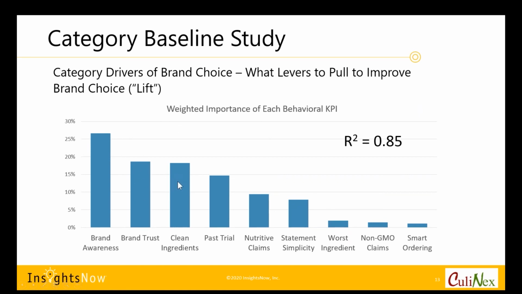Second, having a clean label, where the ingredients are clean, and so on, is next. We're finding that these behavioral-based models tend to have a high degree of predictive ability. So you can use this sort of importance to determine which levers to pull to improve brand choice through your product development process and marketing process.